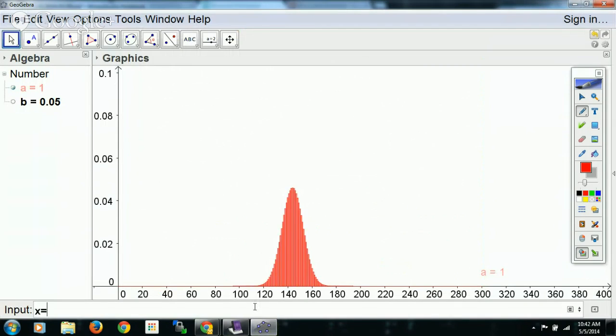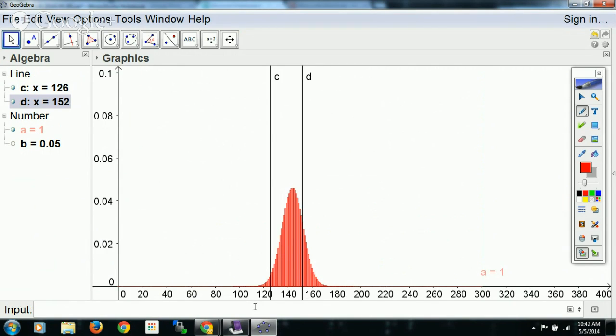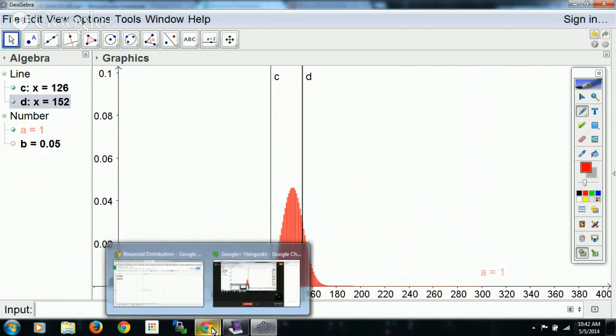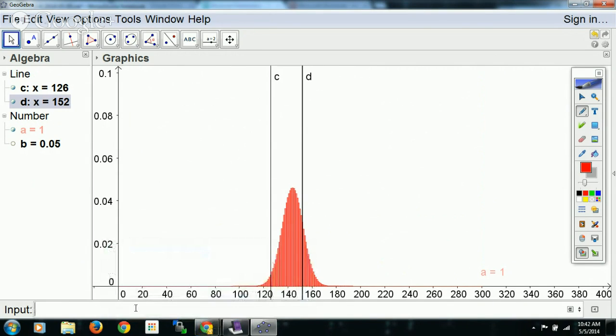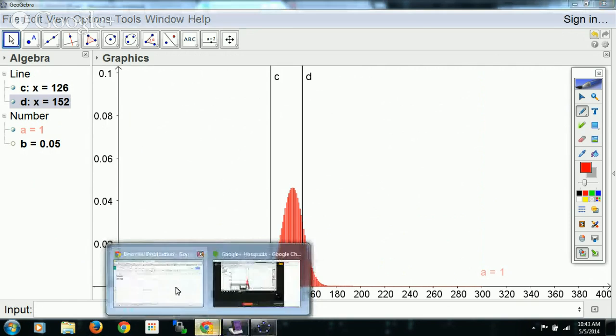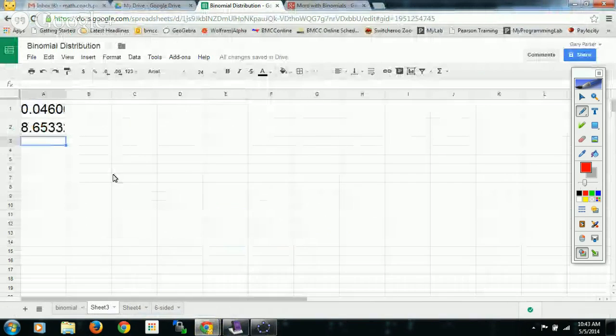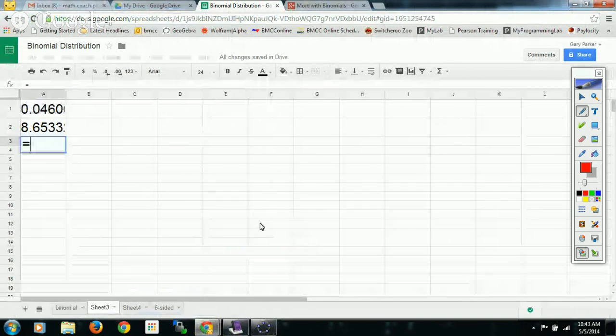So x equals 126, x equals 152, and it looks like I made a mistake. Those should be pretty darn symmetric. So let's go to our calculator here.